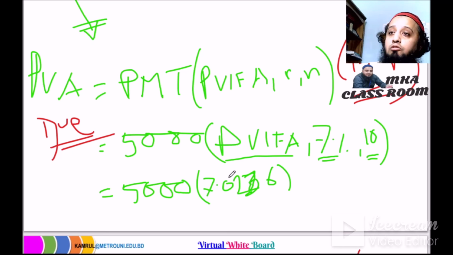But whenever you do this in the exam, you have to put all the information new for the calculation of present value of annuity due or future value of annuity due. Then you have to write down the formula newly. Okay? Can you understand?